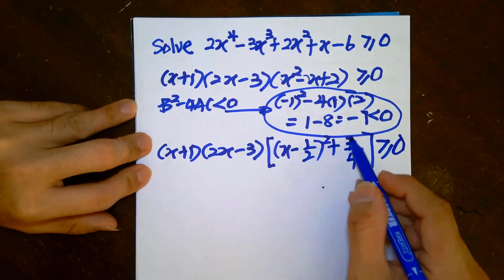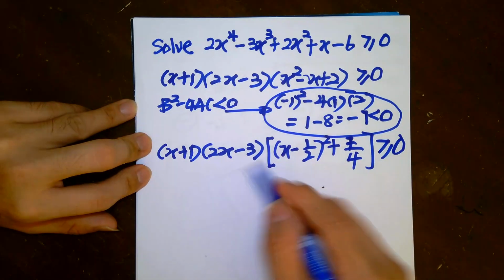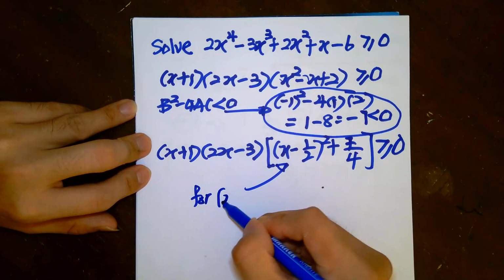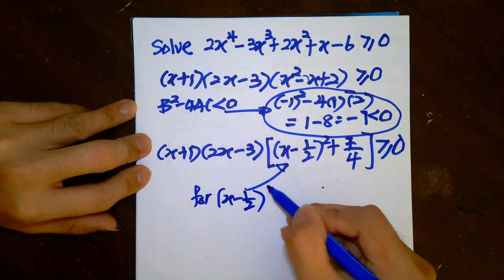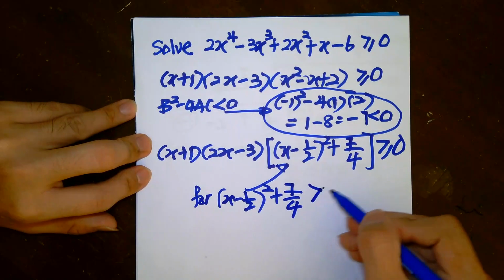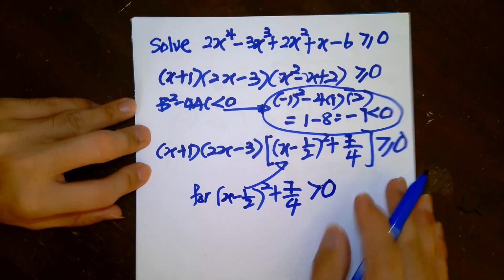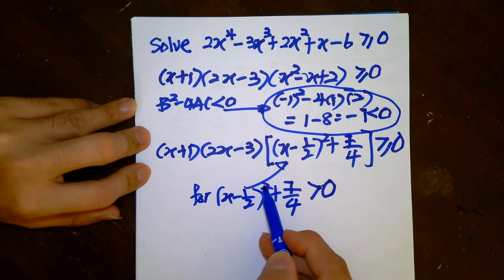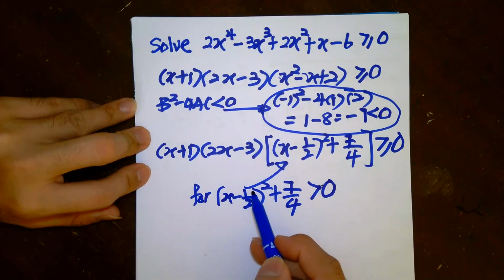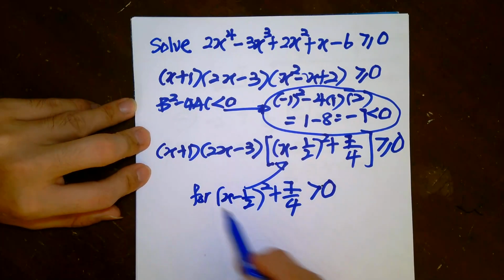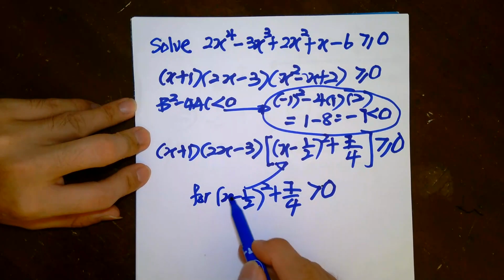Now you can see that this is always positive. For x minus 1 over 2 squared plus 7 over 4, it's always positive. Why? Because something to the power of 2 is at least 0, the minimum being 0. If you add 7 over 4, it's always positive for any value.